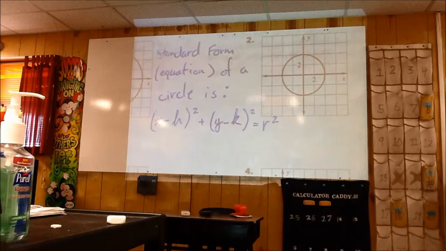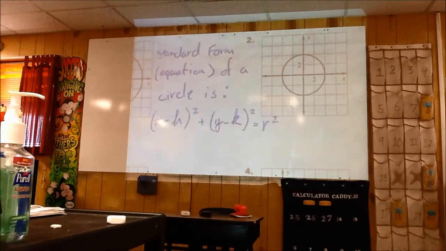Can anyone take a shot at what r is? Radius. The radius. Sorry, that's pretty self-explanatory. However, this whole h and k thing, they are the coordinates of your center. So we're talking about putting these on a Cartesian plane.